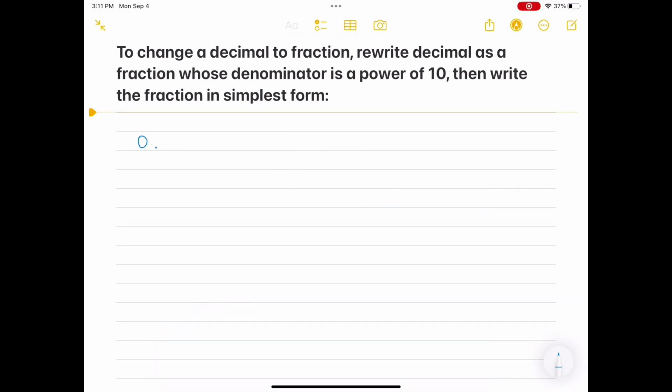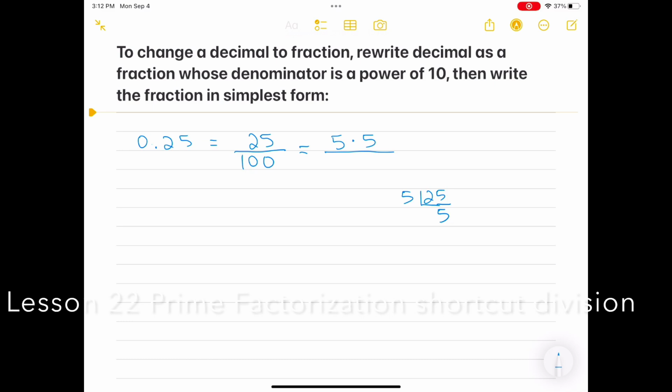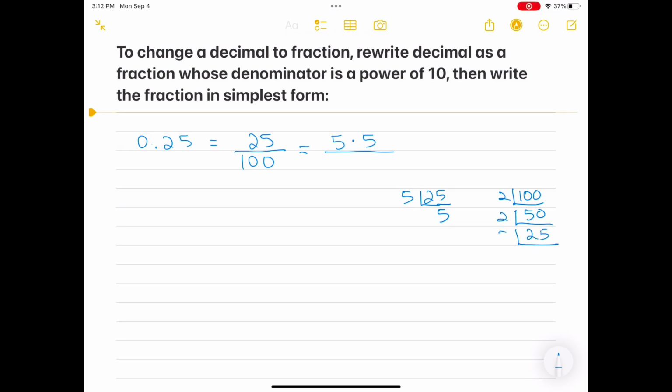To convert 25 hundredths into a fraction, we write out 25 100ths. Then we find the prime factors of both 25 and of 100. And here I use shortcut division, which I demonstrated in lesson 22, Prime Factorization, shortcut division. 25 factors out into 5 times 5, and 100 factors out to be 2 times 2 times 5 times 5.